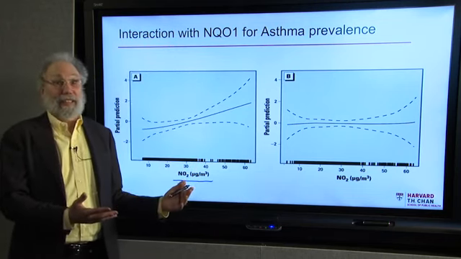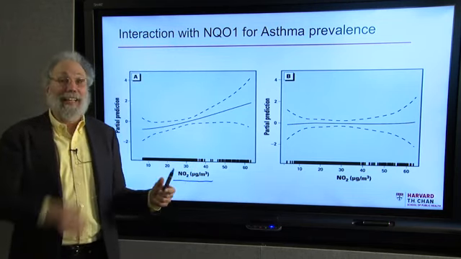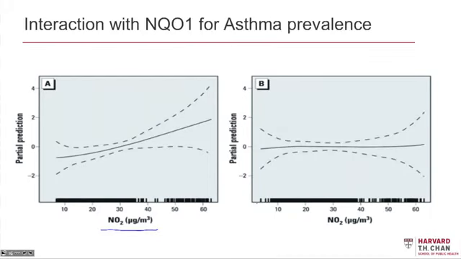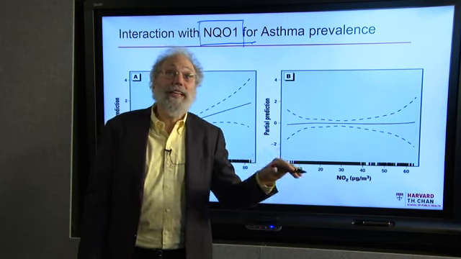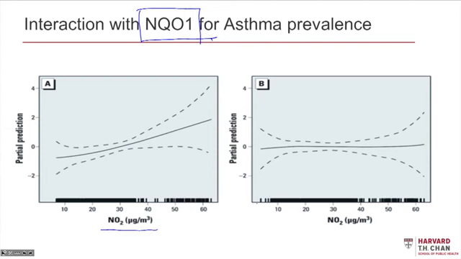That's interesting. It's interesting because you look at this and you say, well, what does that gene do for a living, right? And whatever it is, it clearly has something to do with the pathway by which traffic pollution influences health.